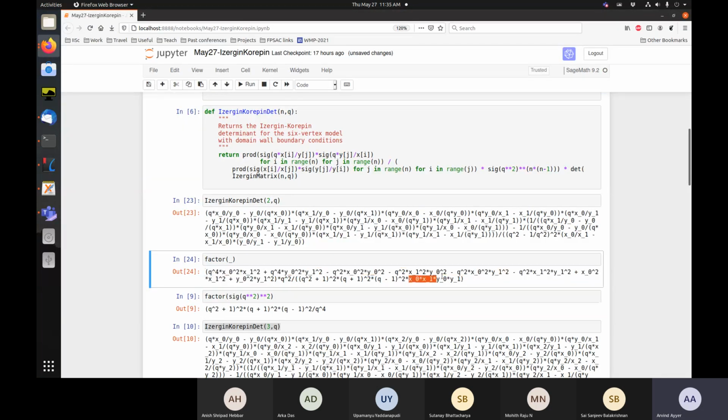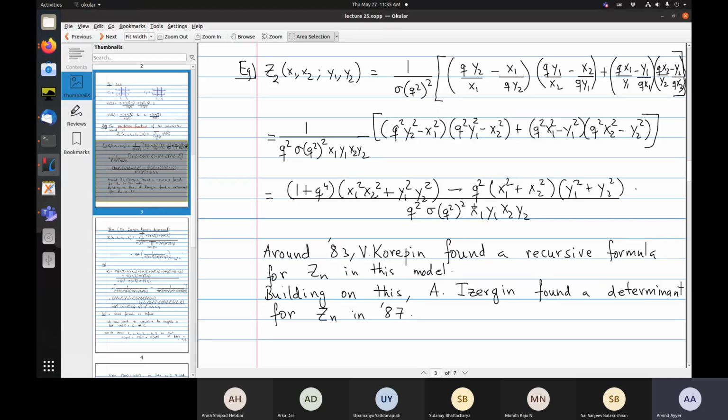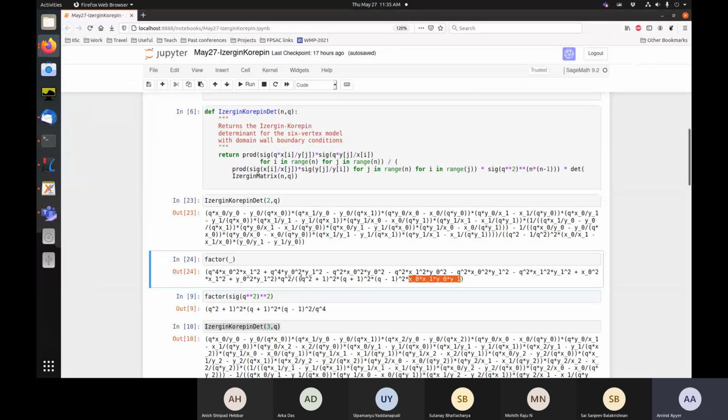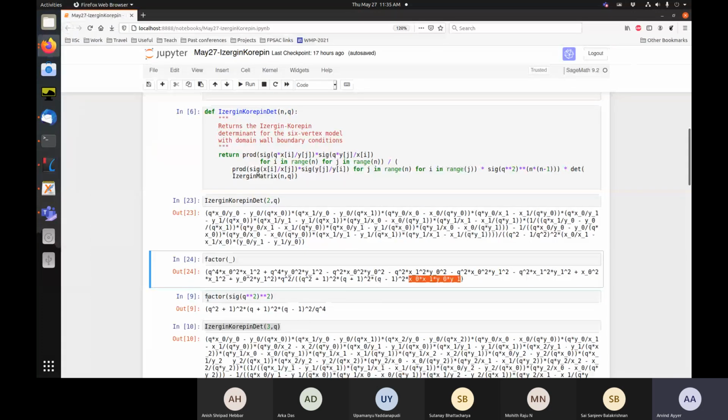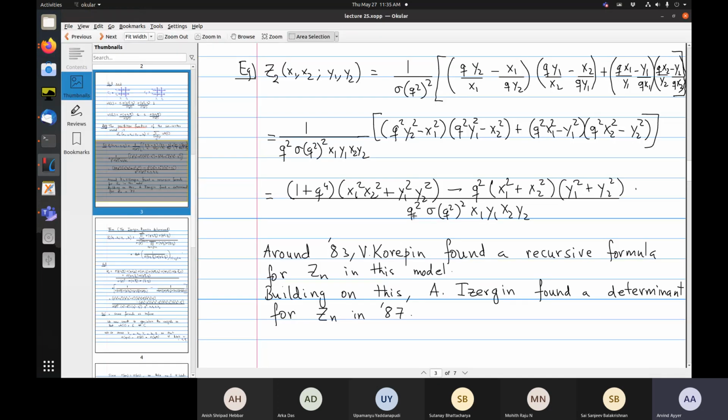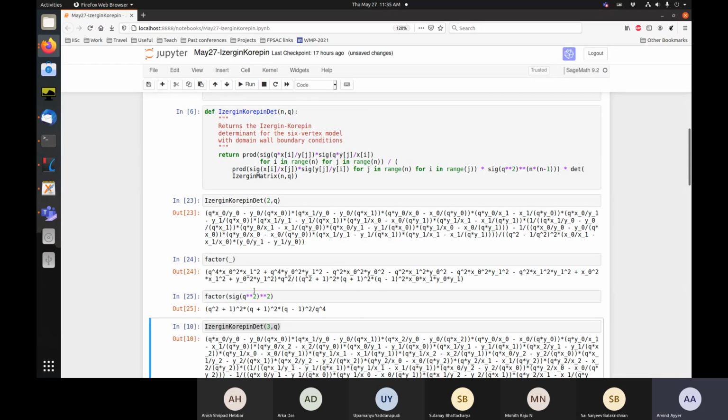The denominator, these factors are the same as we want. Now what about this? So what we want is q squared sigma q squared, and just to show you what that looks like, here is sigma q squared whole square. That's what we want over here, and you see you get exactly the same factors.